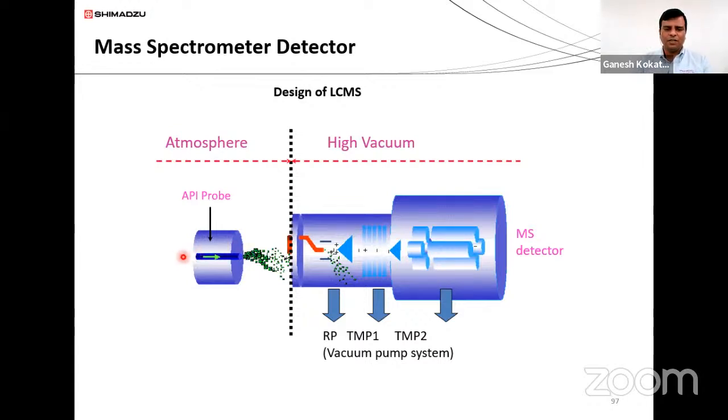So when the molecule is passing from the HPLC to the probe of the MS, it doesn't have any vacuum inside it. It's just atmosphere over here, and as the mobile phase passes through the API probe, it also comes out with one gas which is used for the nebulization of the component, and normally we prefer to use nitrogen gas.